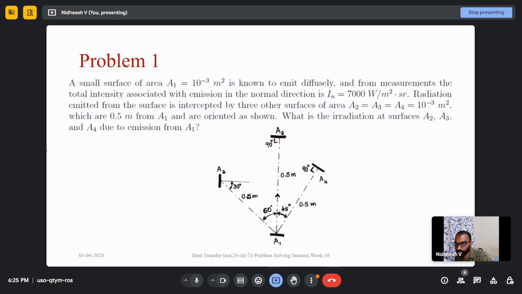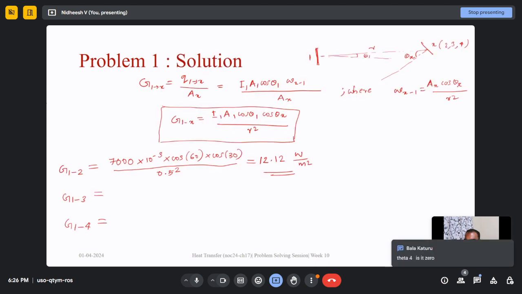I'm sorry, I'm facing some technical issues. Okay. Theta 4, is it 0? Yes, it is 0. Theta 4 will be 0. Give me a moment. Is there some lag from my side?